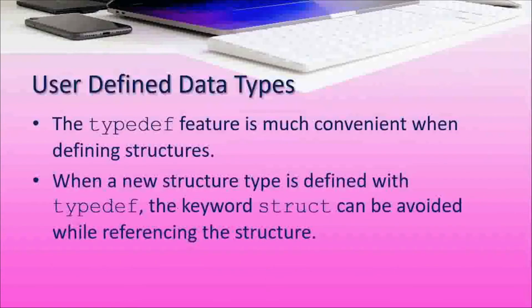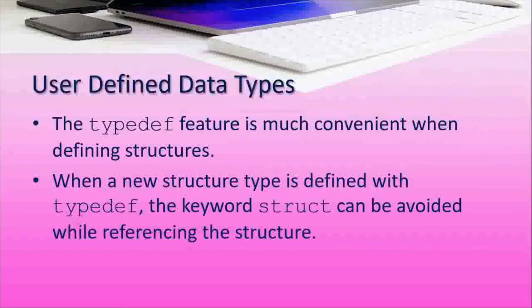Another advantage of using the typedef feature is that it is much more convenient when defining structures. A particular structure can be declared with a new name using the typedef.